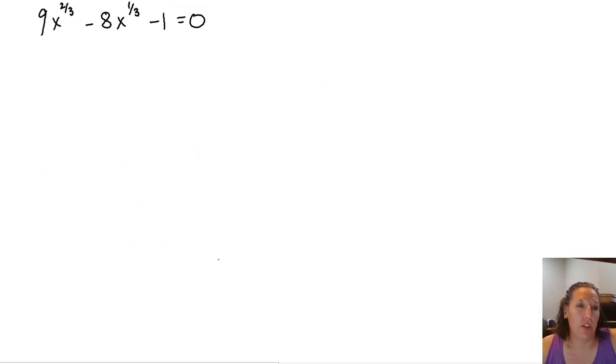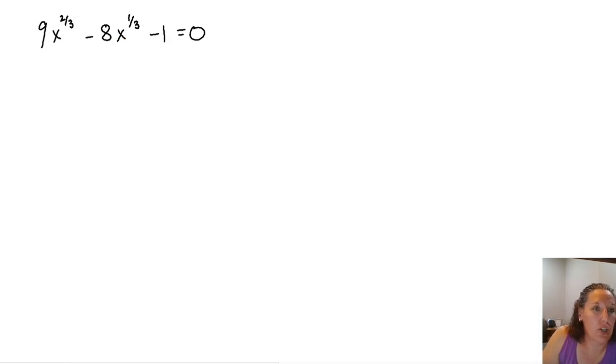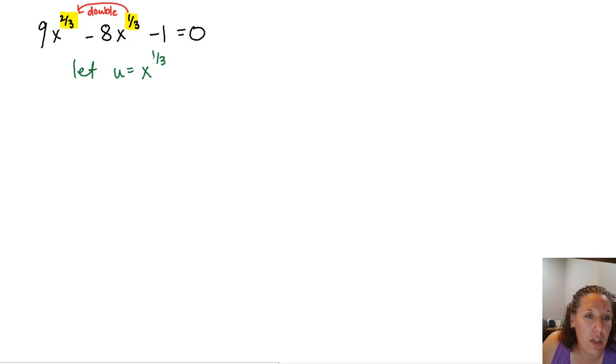And then another one with a fraction, we have 9x to the 2/3 minus 8x to the 1/3 minus 1 equals 0. Again, we have our exponents where one is double the other one. And so we're going to let u be the x to the power that is closest to 0.